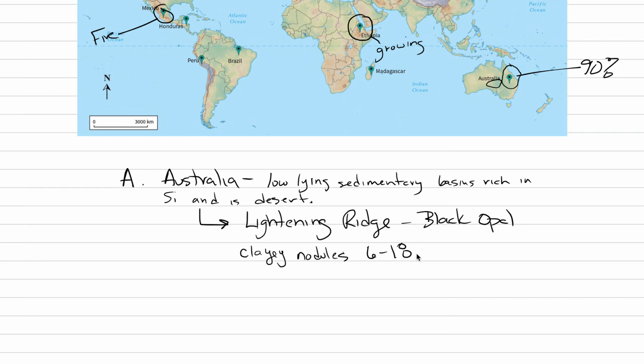So people are digging tunnels underground to find these nodules in the clay, and they're bringing them to the Earth's surface. This is kind of the area in Australia where the black opals are coming from. White opals come from this more middle area. So there's also a large geographic region for white opal.